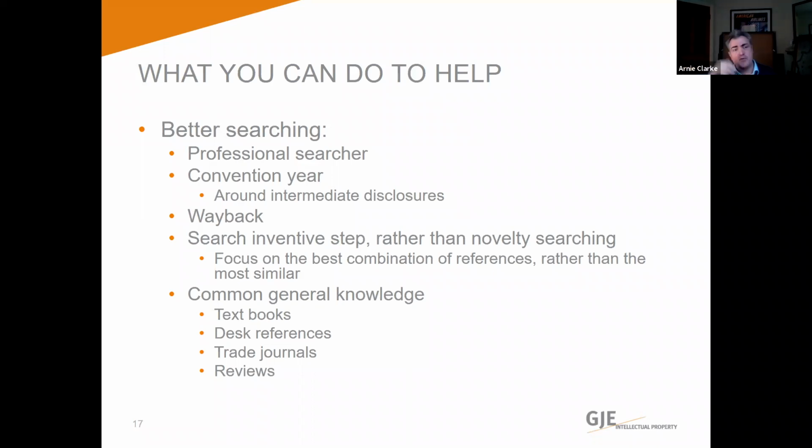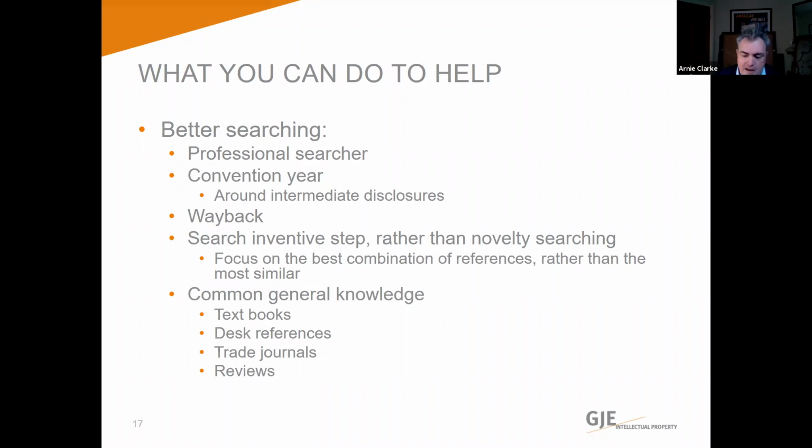Search inventive step, that's pretty critical as well. I'd say don't just look for novelty destroying disclosures, focus on best combination of references. Often anything that's vaguely novelty destroying will have been found. Look for things that actually go to the inventive step arguments. And also look to common general knowledge as well. The EPO is often not very good at finding it.